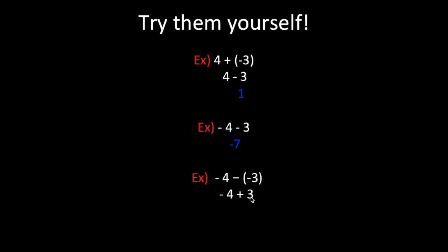Now we have a problem where two numbers have different sign. What do you do? Different sign, you subtract. And which number is larger and what is the sign of that number? 4 is larger and 4 has a negative sign, so your answer is negative.